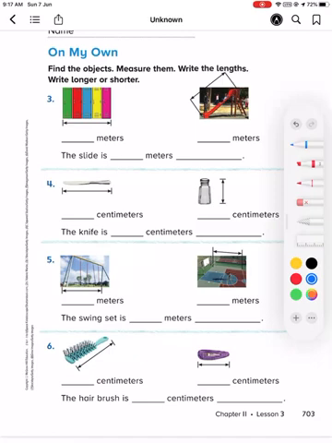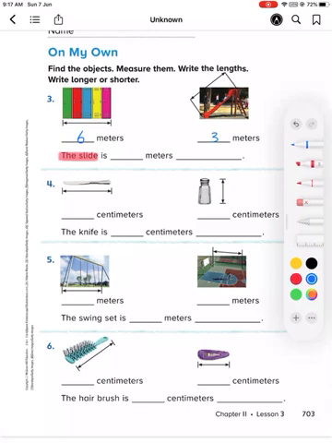Now we will do this page faster because it's very easy. Now we have these closets. They are 6 meters and the slider is 3 meters again. Now they are asking us about the slide.